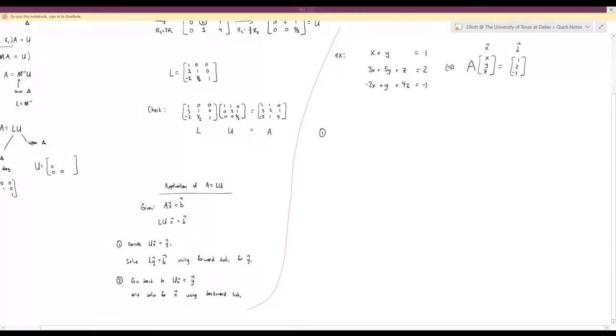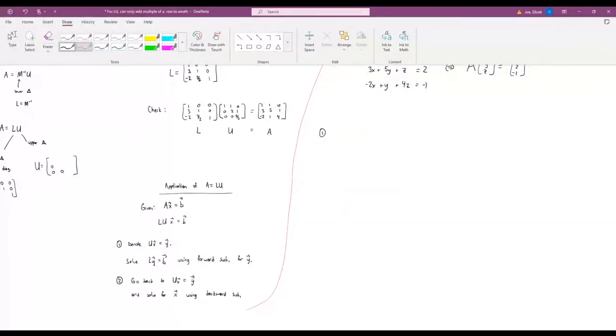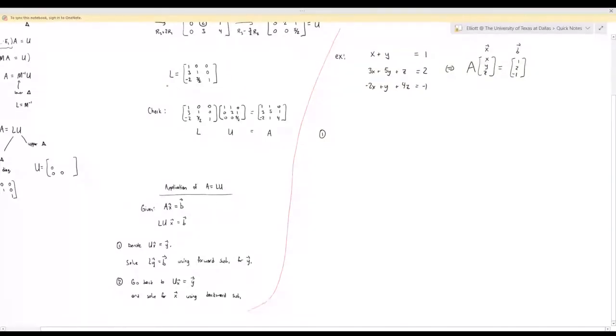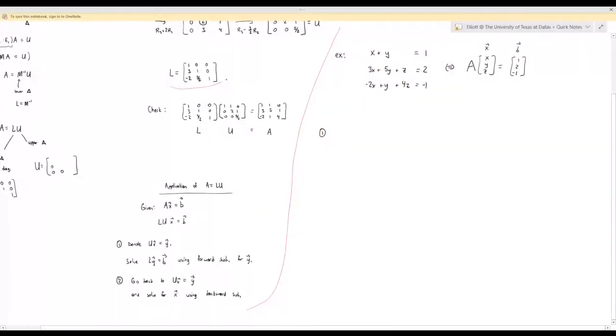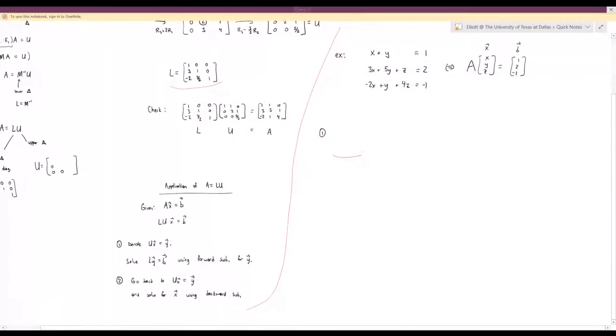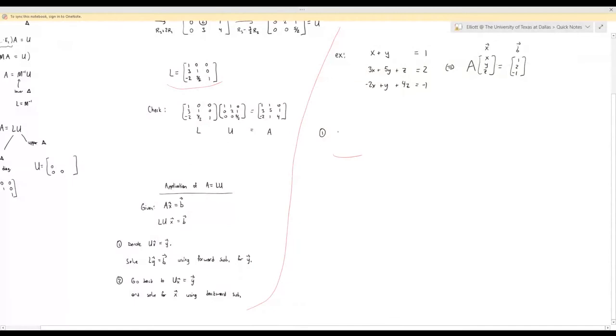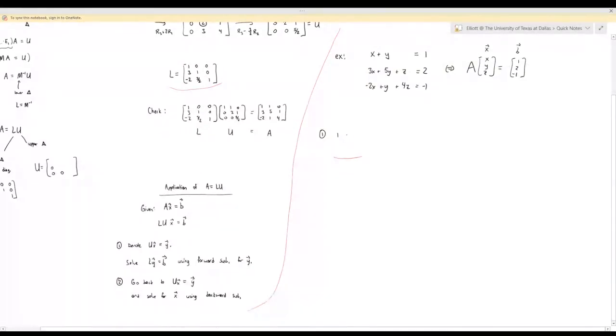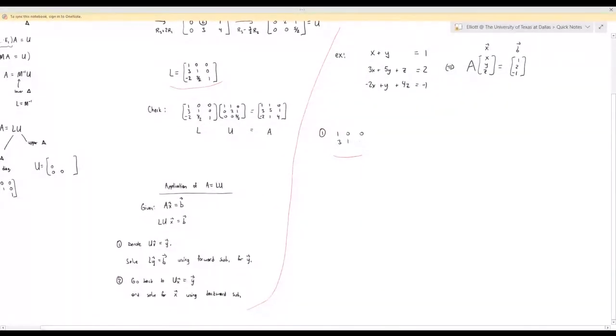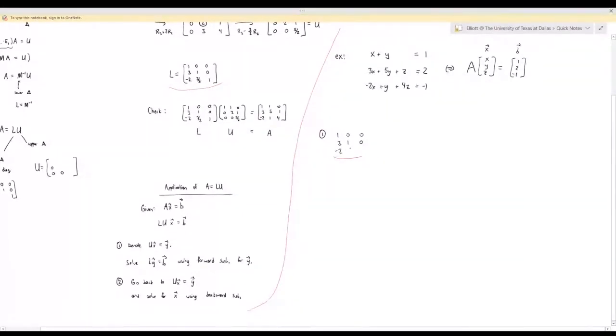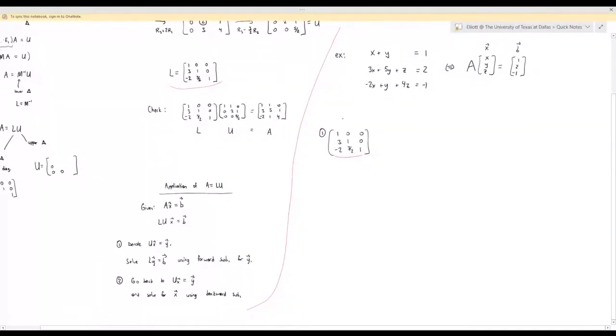I'm going to bring that over to here on the left. So we have L times vector y.